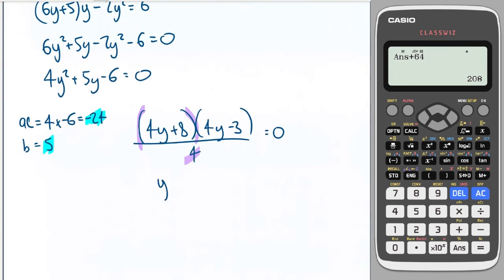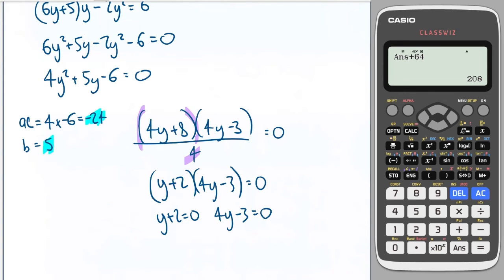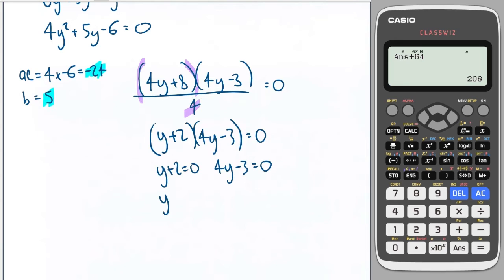So we're left with y plus 2, 4y minus 3 equals 0, which tells me that y plus 2 equals 0, or 4y minus 3 equals 0. So y equals minus 2, or 4y equals 3, so y equals 3 over 4.